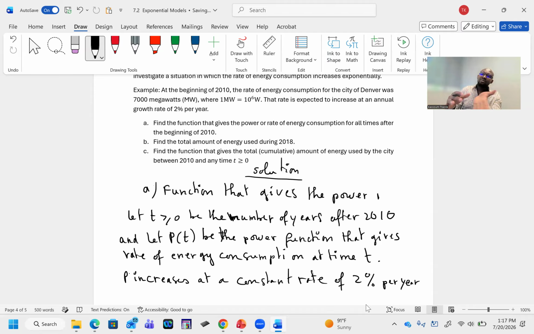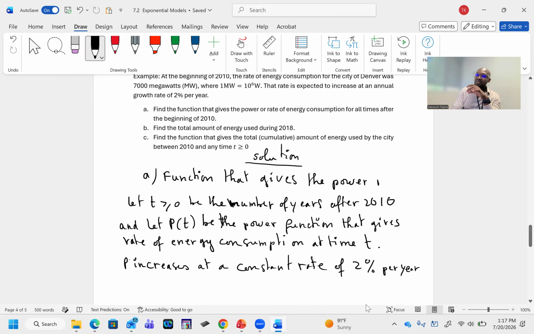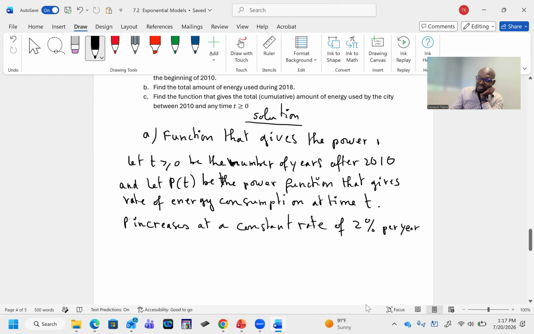So the population, I mean, the power increases 2% every year. So that is why it increases exponentially.